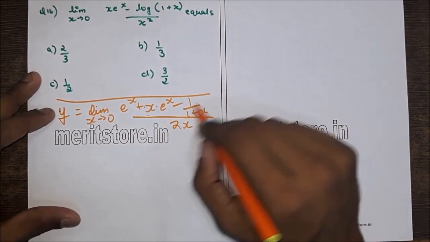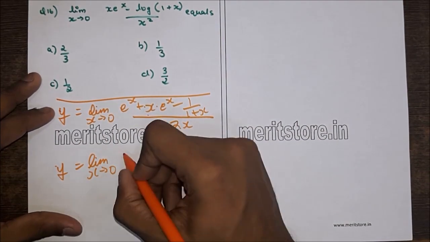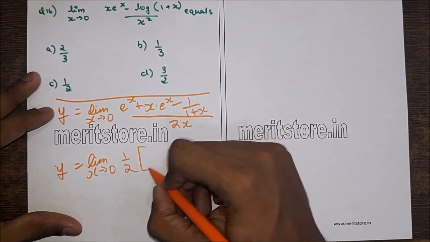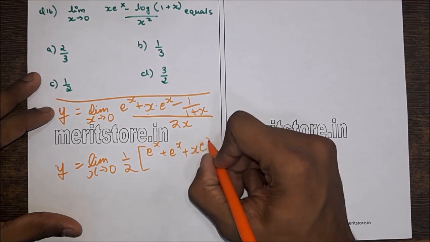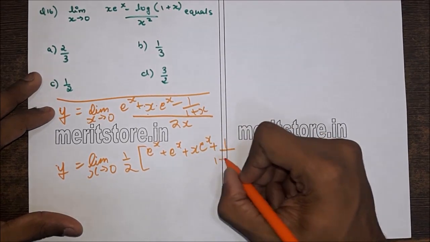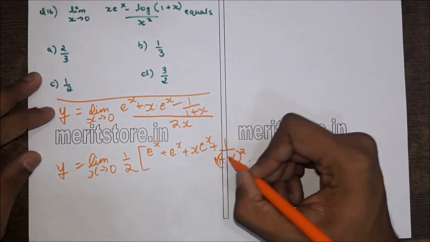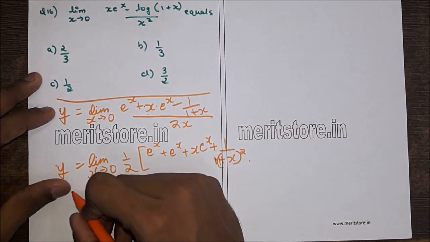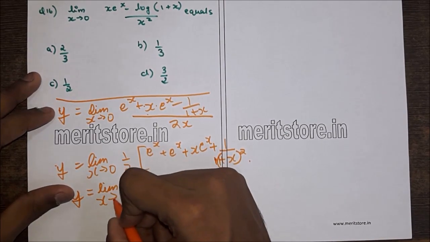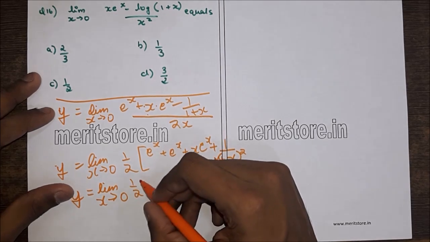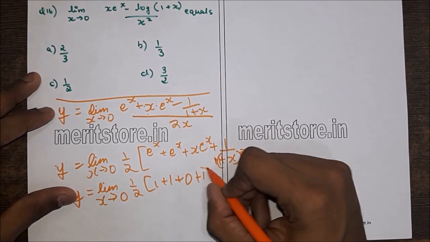Therefore we have y is equal to limit of x tends to 0, 1 by 2 into (e raised to x plus e raised to x plus x into e raised to x plus 1 by (1 plus x) the whole square), which is y equals limit of x tends to 0, 1 by 2 into (1 plus 1 plus 0 plus 1).